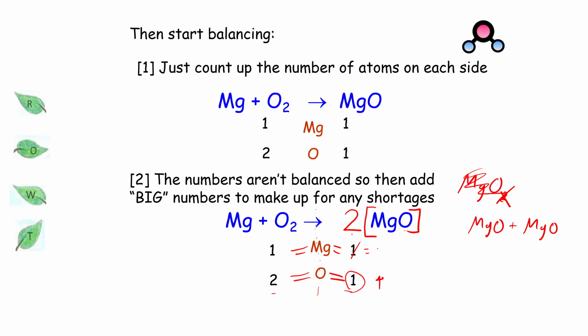I have too few magnesiums on this side. So I'm going to go find the magnesium and I'm going to put a big 2 in front of it. Here it is. Big 2. Luckily, this is an element by itself. So all I'm doing is adding 1 magnesium essentially. 2 of these means that I've got 2 magnesiums and we are now balanced.